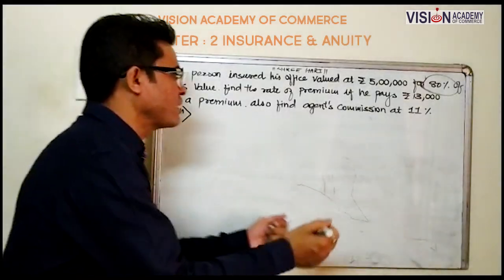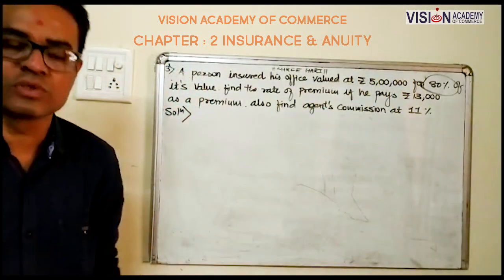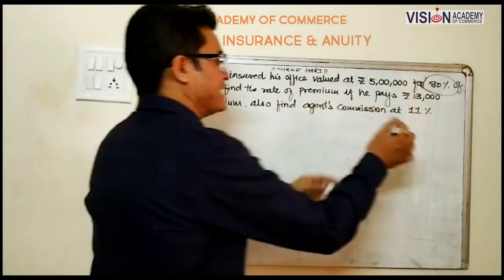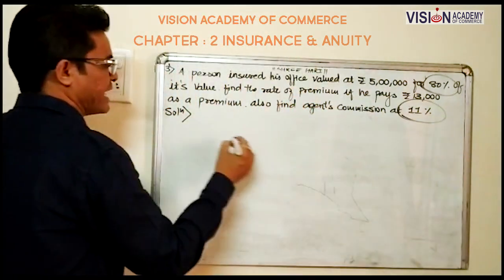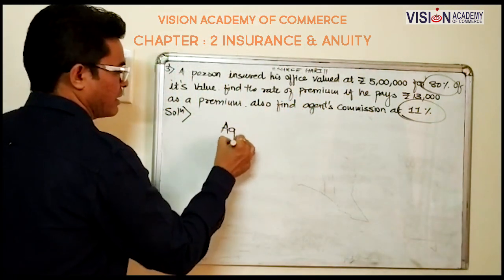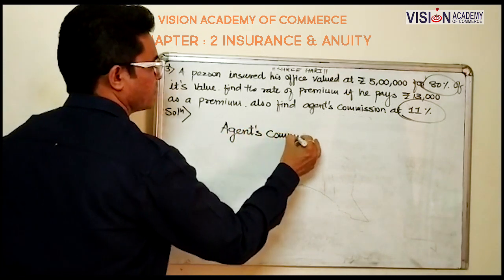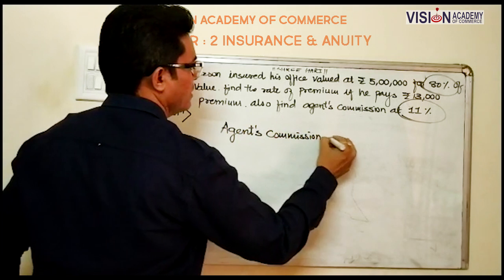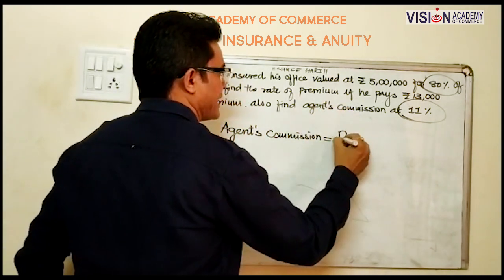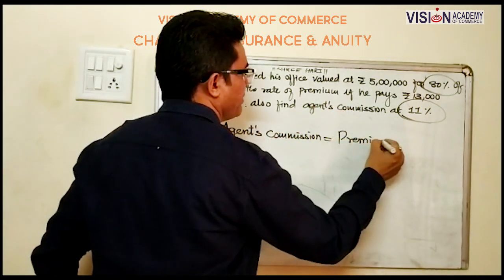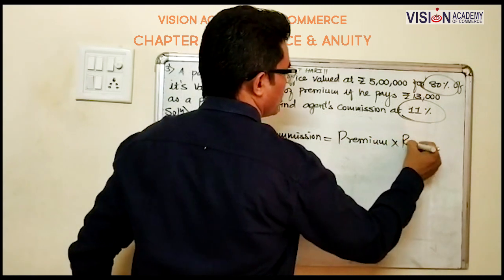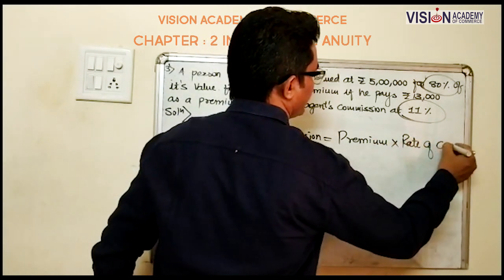And here we require agent's commission also. So rate of agent commission is 11%, and agent's commission is always calculated on premium into rate of commission.